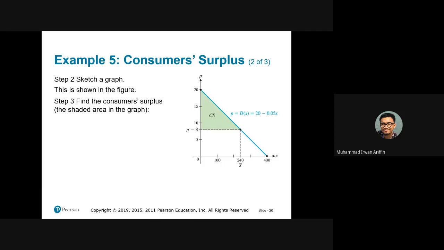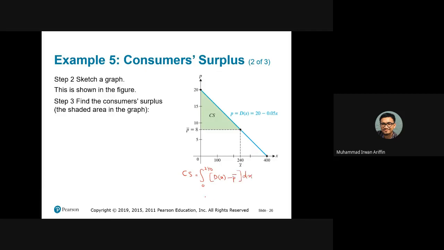The consumer surplus would be the integral from 0 to 240, where 240 is the upper limit, of d(x) dx, because this is the whole area, but then we want to subtract this rectangle, minus P bar dx.